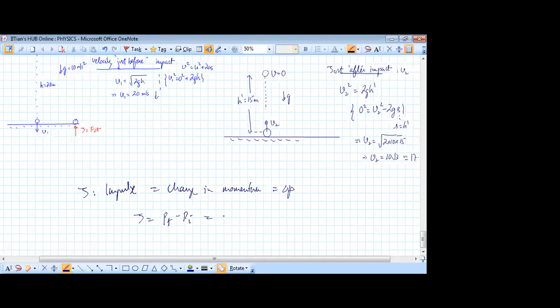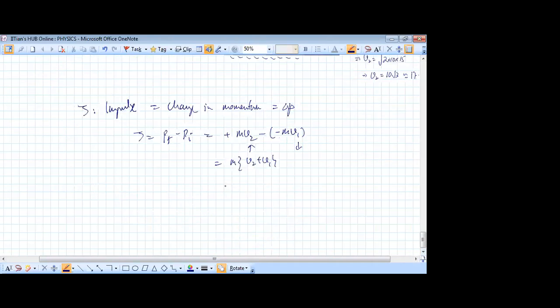Final momentum is plus mv2. Initial momentum is minus mv1, because this was downwards and this was upwards. So it is m into (v2 plus v1).